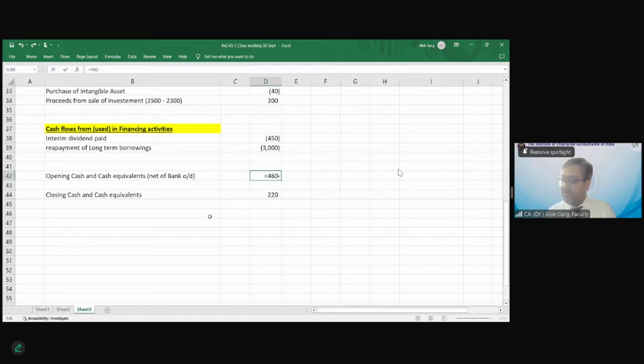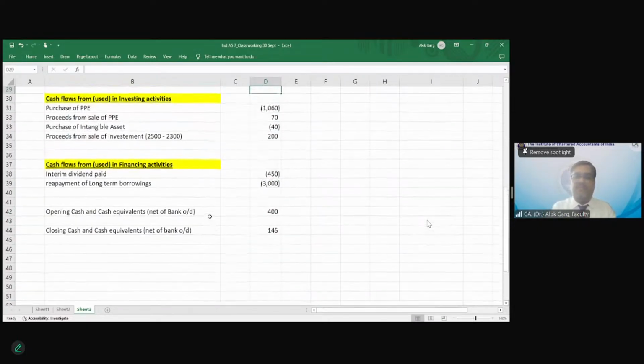In the opening it was 60. So shall I reduce 60 from the opening cash and cash equivalent? Yes. Okay. Closing cash and cash equivalent, net of bank overdraft. My closing balance is 75. Shall I reduce 75 from the closing balance? Yes, sir. Okay. So this is my bank overdraft treatment in the cash flow statement.